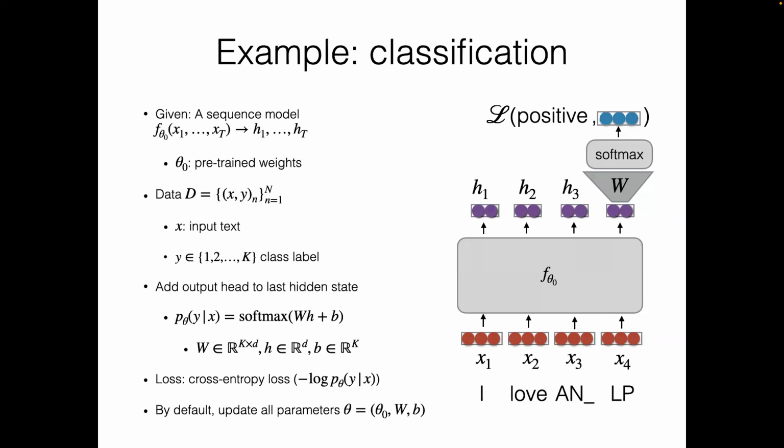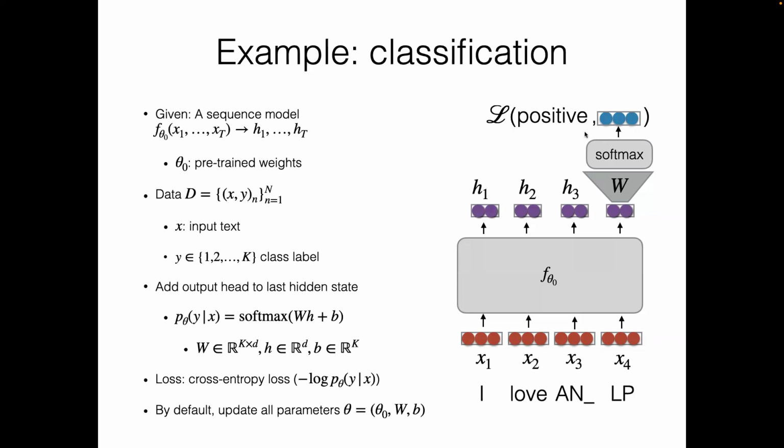Just as an example, we can use the loss function that we've talked about several times in the class, which is the cross entropy loss. And so here you have your target label, and you're essentially training the model to minimize the negative log probability of the label.